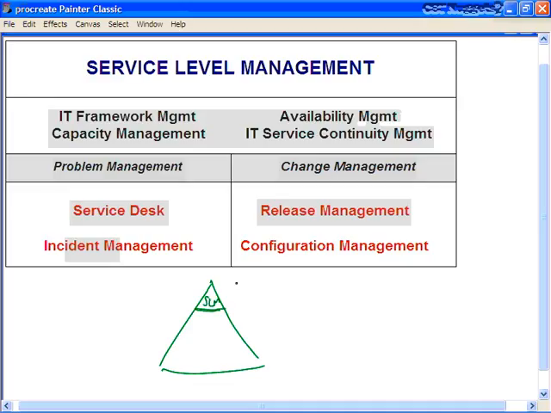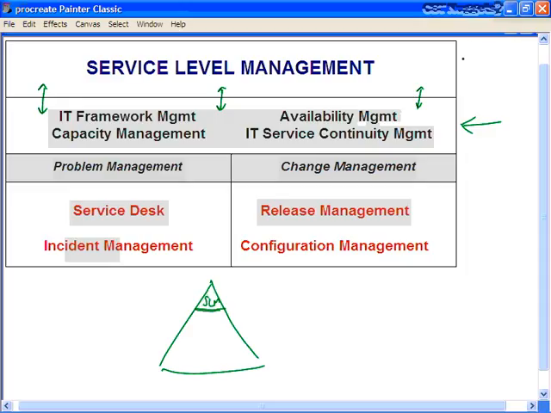Below that, you've got other management IT services that we're going to be looking at for the remaining 5 Nugget movies of this ITIL Nugget series. And that's things like IT framework management, capacity management, availability management, IT service continuity management. So SLM really has a hands-on relationship with these upper tier management processes.